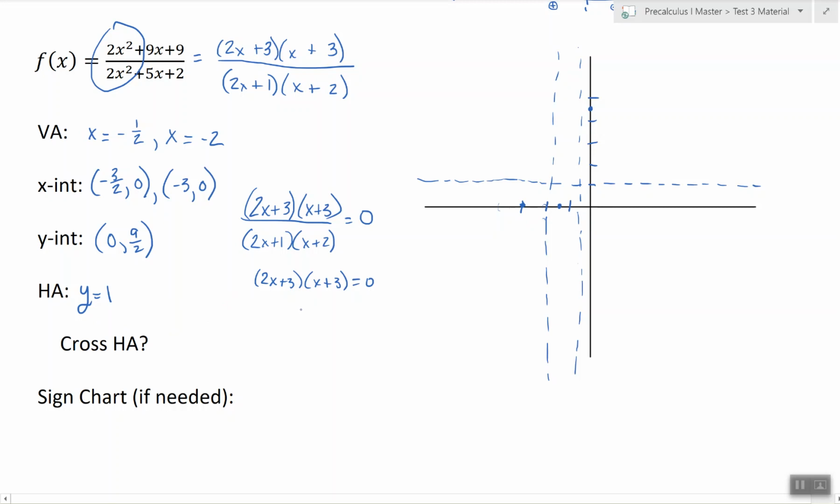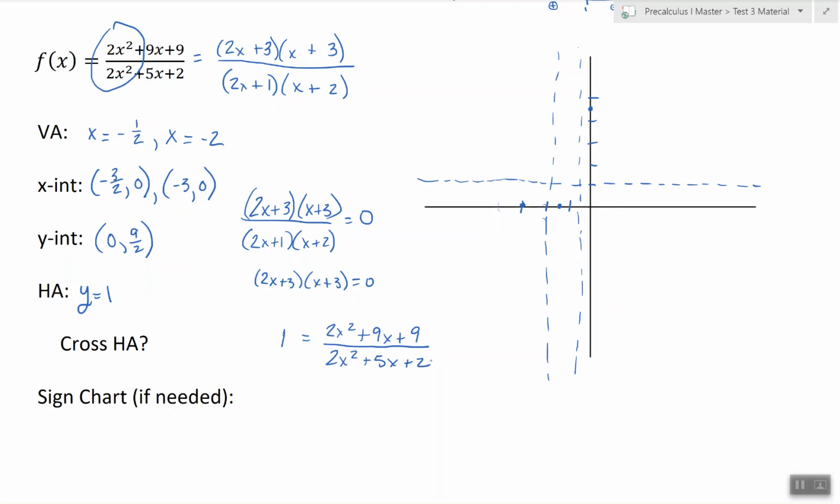If we make y equal 1, then we would end up with 1 equals (2x squared plus 9x plus 9) over (2x squared plus 5x plus 2). Now I'm using the unfactored form here for the ease of it. As you do a few of these, you'll realize which form, either factored form or expanded form, is going to be easier for what you're trying to find.